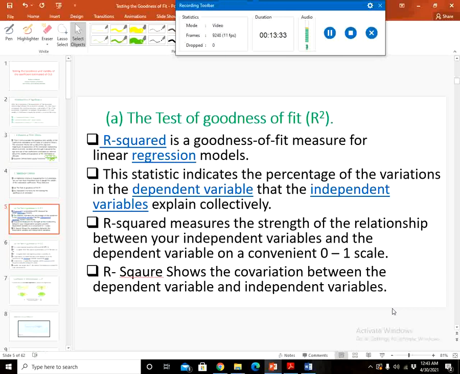Again, the value of R square can be 0 when there is no variation explained by the model, right? And the value of R square cannot be negative, it is a positive value, but in some extraordinary situations when degree of freedom becomes very low, the R square may turn negative.